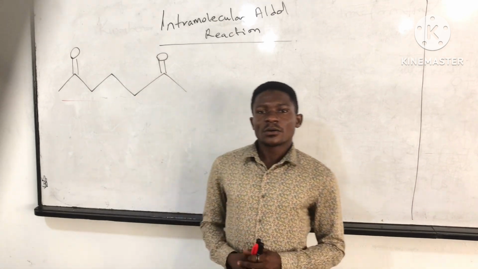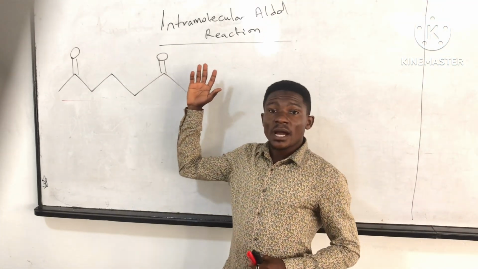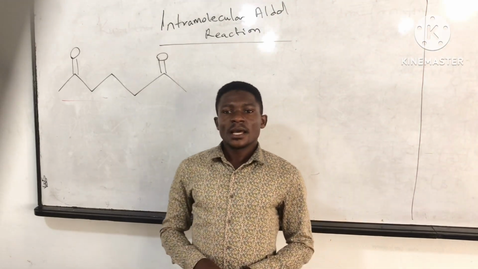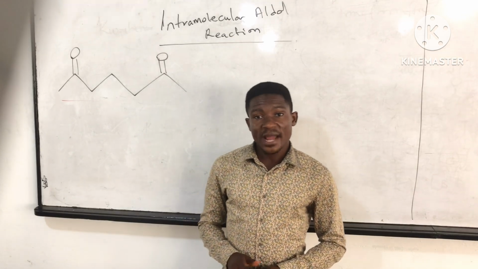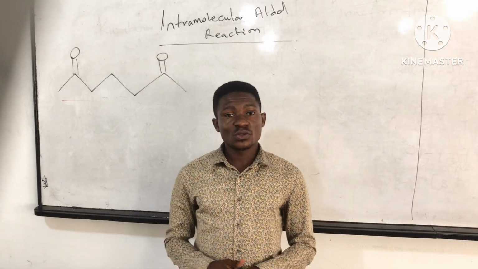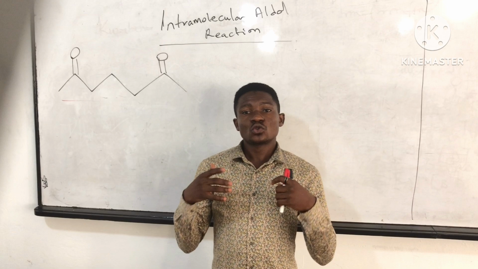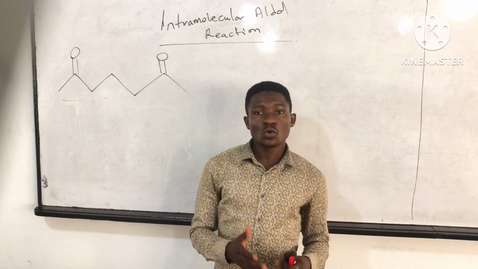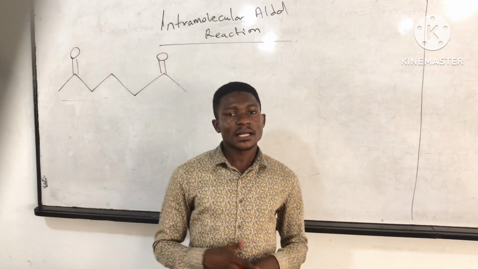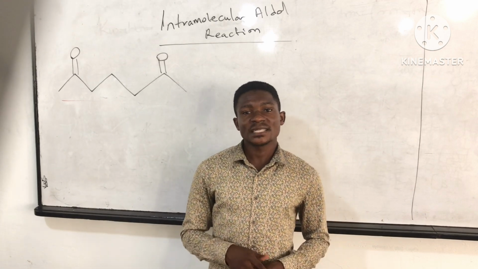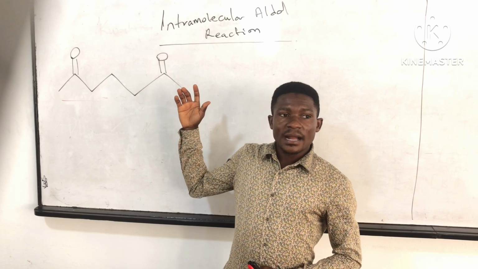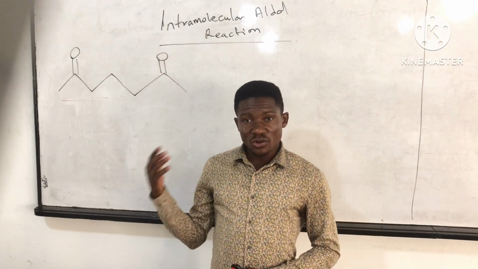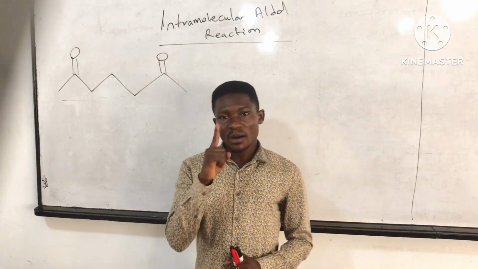Today's video is about intramolecular aldol reaction. Just like the normal intermolecular aldol reaction, which usually occurs between two molecules like a ketone and a ketone, an aldehyde and an aldehyde, or a ketone and another aldehyde, this kind of reaction, the intramolecular one, occurs within one molecule.